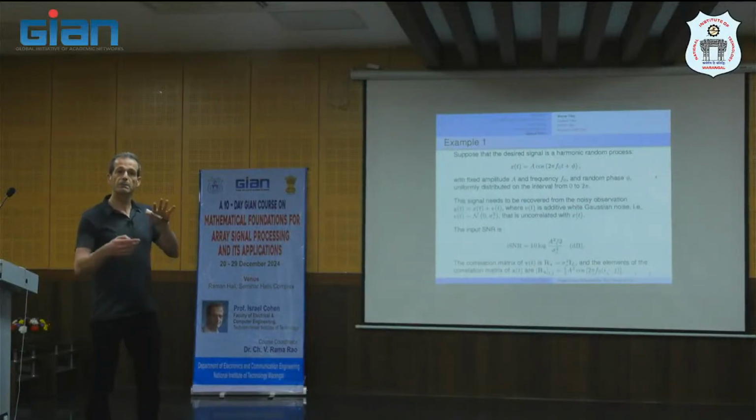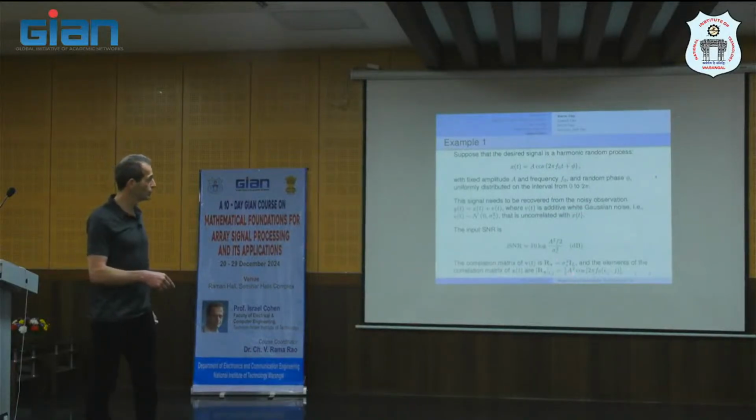But for the purposes of finding Rx, if we know A and F0, then this is an element ij in this matrix.